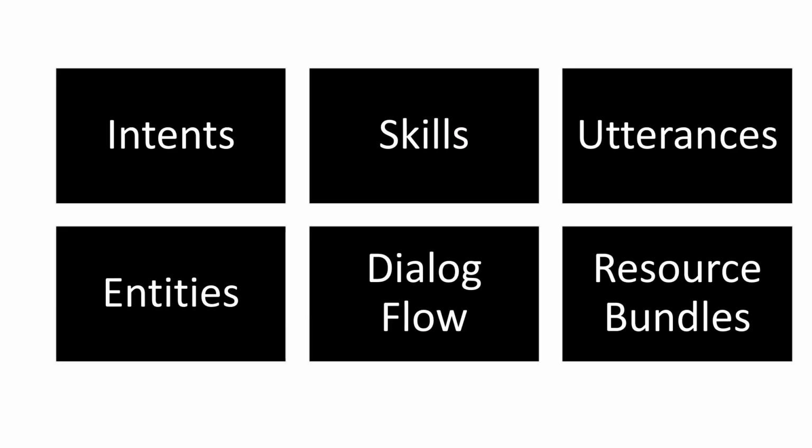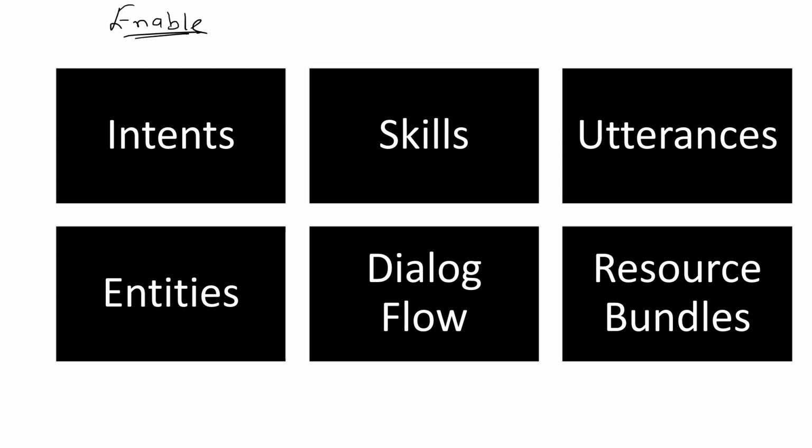Now, coming to the development part, first of all, let us understand a few basic concepts. These are the basic concepts before we do the development, or I should not say development, the enablement of this digital assistant chatbot. We should have a clear understanding of these items.